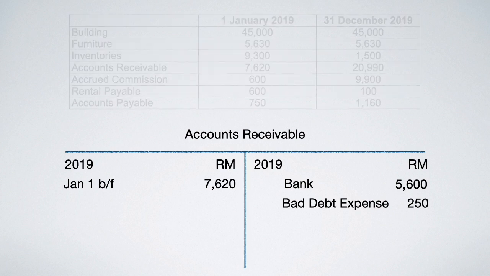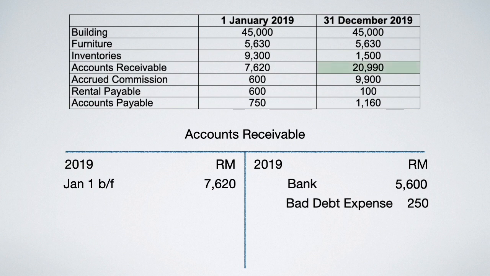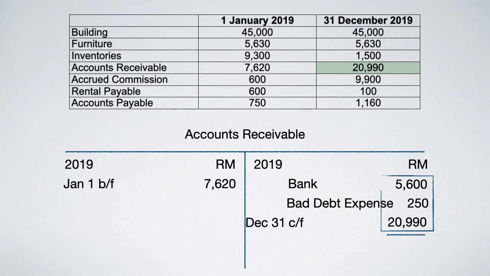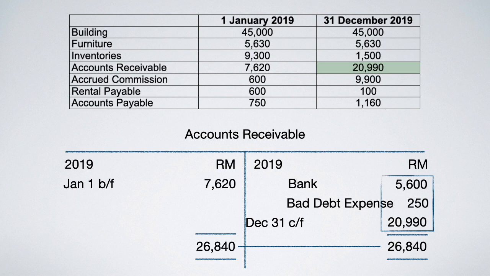Okay, now we need the ending value for the account receivable from the 31st December information, 2990. Okay, now you calculate, you total belah kredit tu, you dapat 26840, and then you bawa ke kiri, you letak nombor tu 26840, and then you tolak beza dia.